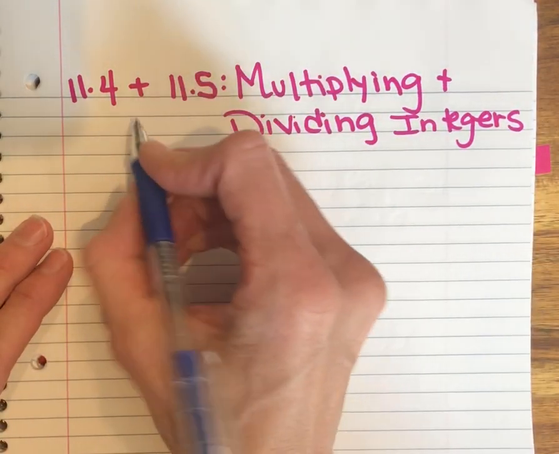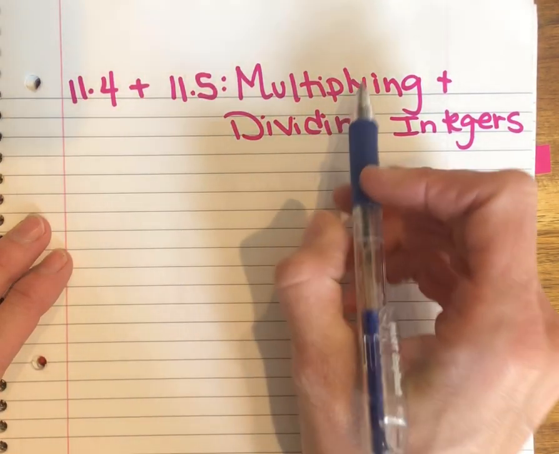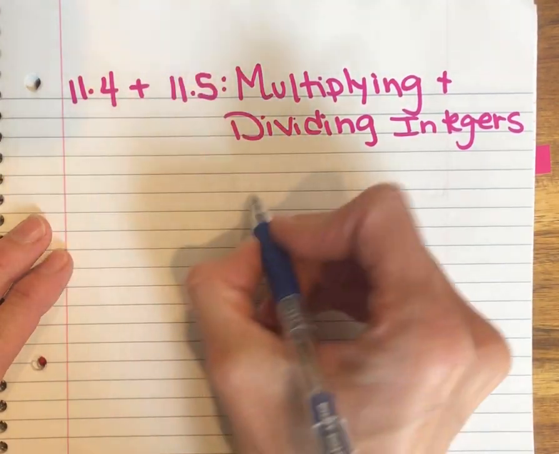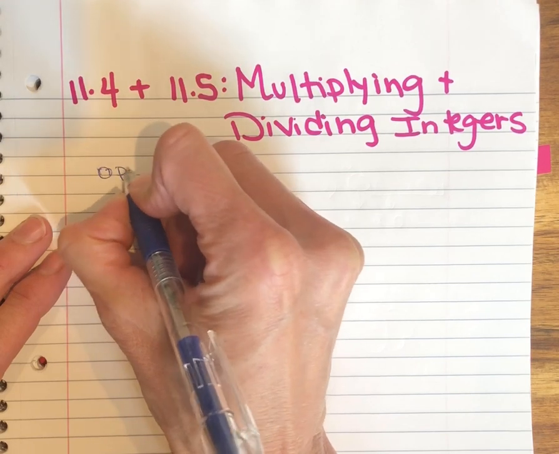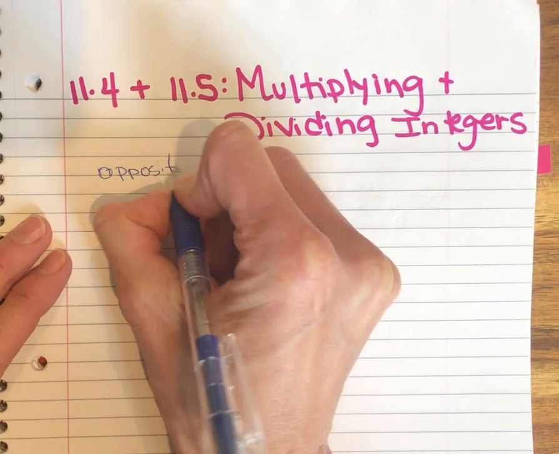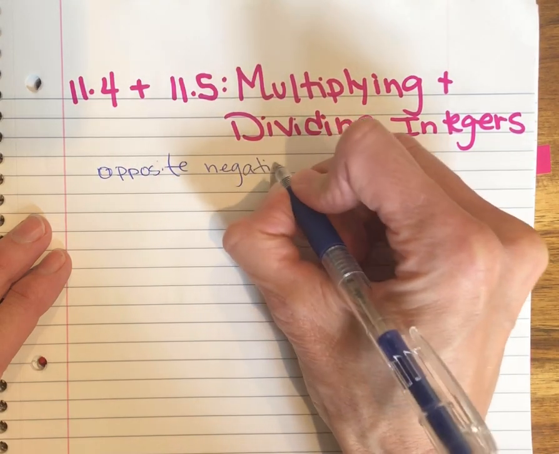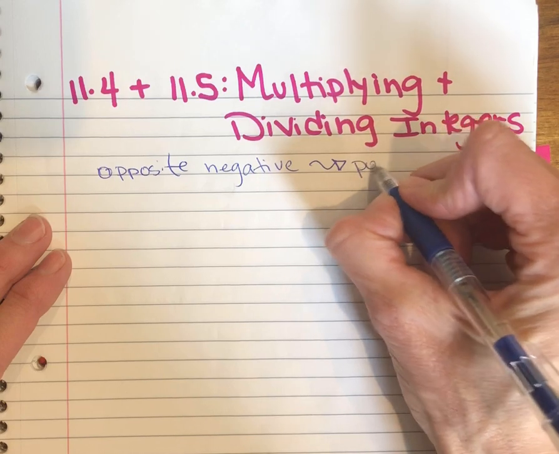Okay, so we are doing these two lessons together because the same rules apply for both multiplying and dividing integers. A couple things to remember before we jump into it. The opposite of a negative is what? Yes, that's right, a positive.